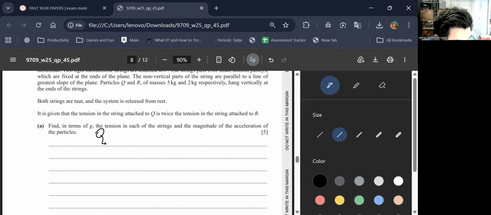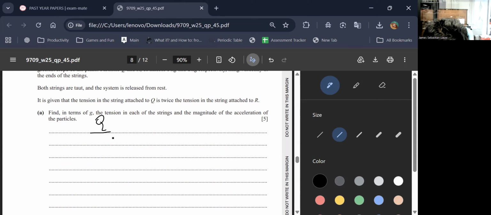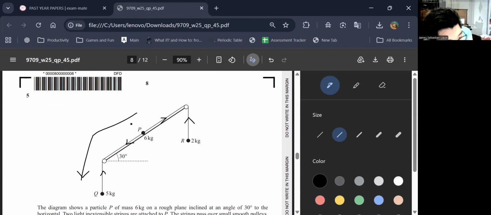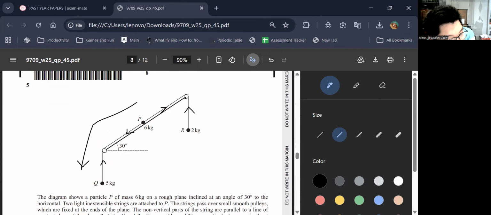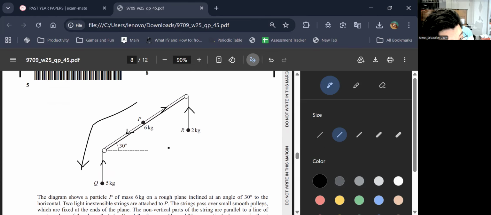With Q and R, there are two particles that we can analyze.